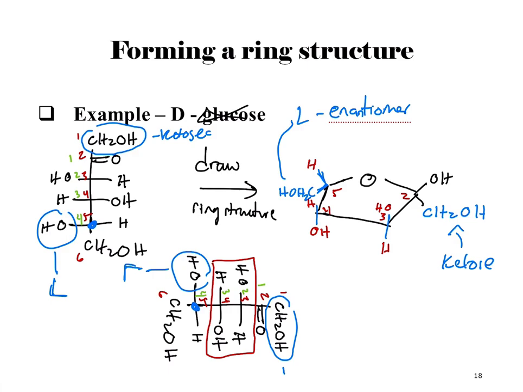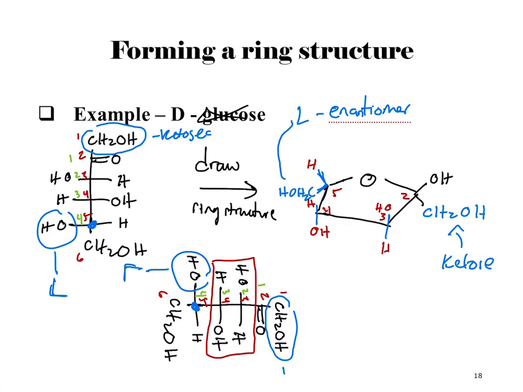And so generally, if I ask you something about this, I will give you the ring, I'll give you the position of the hydroxyl group, and I'll say fill in the other spots. So the stepwise thing is determine if it's D or L, determine if it's a ketose or an aldose. That tells you the position of these two groups and the identity of those two groups.